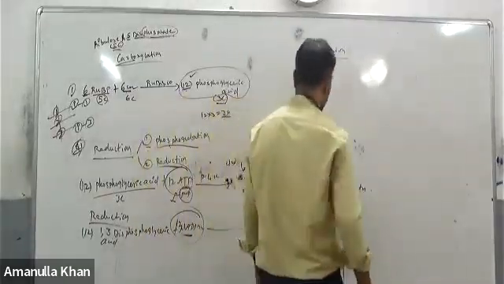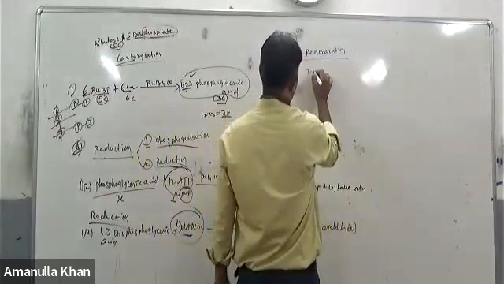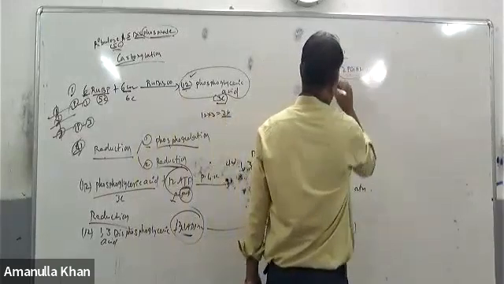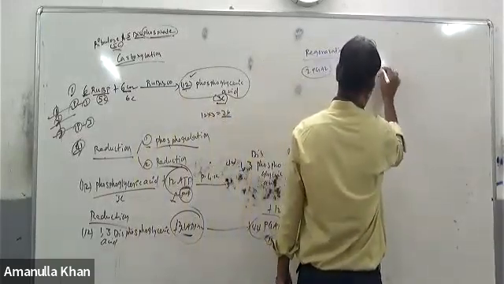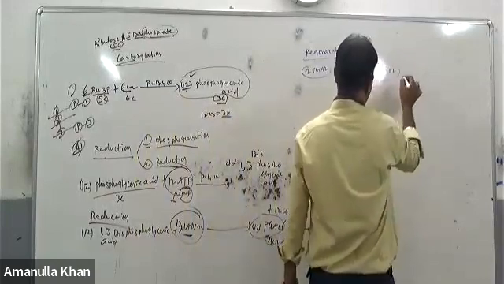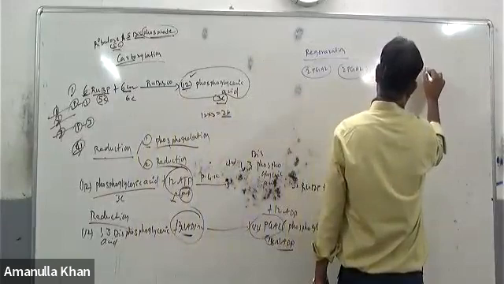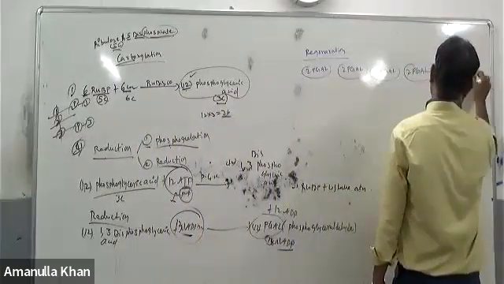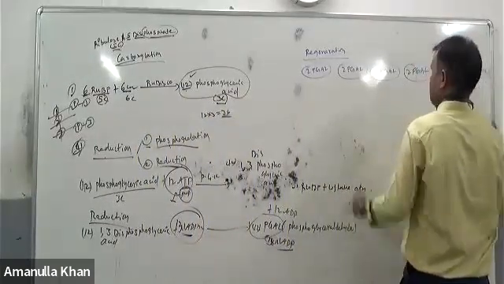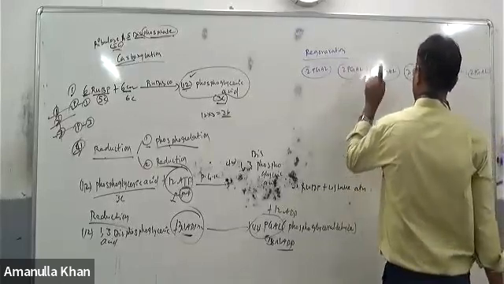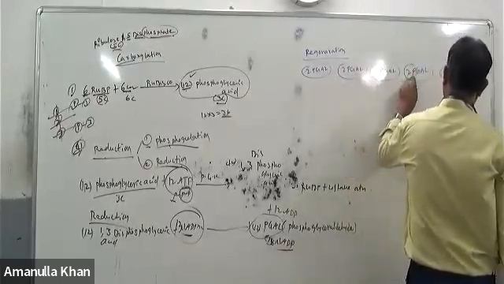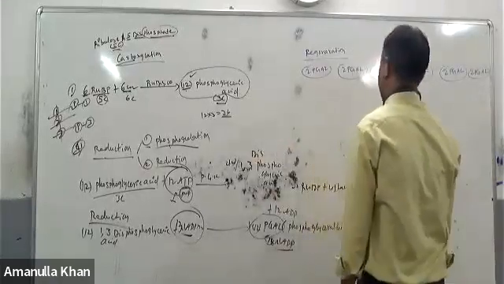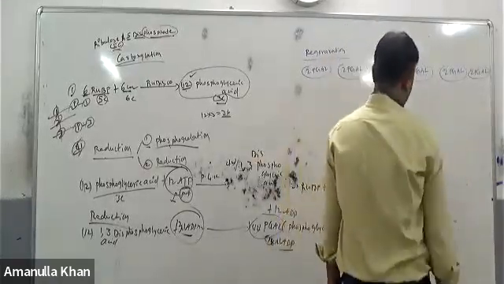So 2 PGAL, then 2 PGAL, then 2 PGAL, then 2, then 2, then 2 PGAL. 2 plus 2, 4, 4 plus 2, 6, 6 plus 2, 8, 8 plus 2, 10, 10 plus 2, 12. 12 molecules of PGAL, individually 2 molecules 6 times.